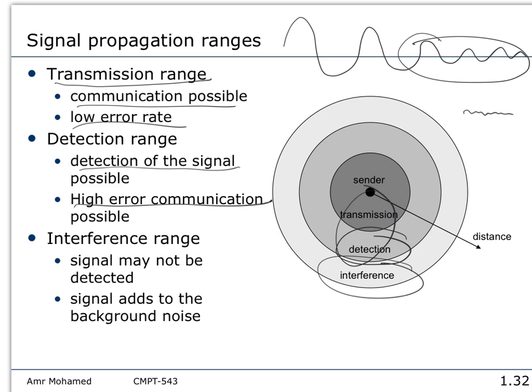The transmission range would differ from one environment to another. ماشي? So that's why we have clear definitions for these ranges. Transmission range, we have a clear definition. Detection range, we have a clear definition. ماشي? But what is the exact number? لا, it depends on the environment. It depends on what transmission power you use. It depends on so many things. Okay, so it's not a fixed number. ماشي? Any questions?